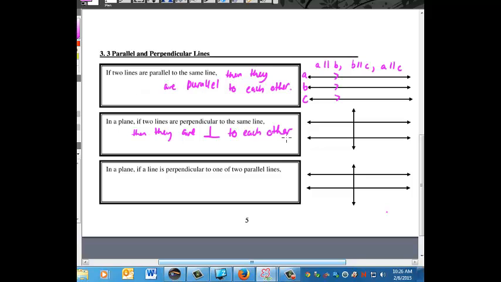So let's make another drawing. We're going to label that line L. We have line M. And then let's label this line N. Put a 90-degree box here, put a 90-degree box here. So with those drawings, we are saying that if line L is perpendicular to N, and line M is perpendicular to N, then I can say that line L is parallel to line M.